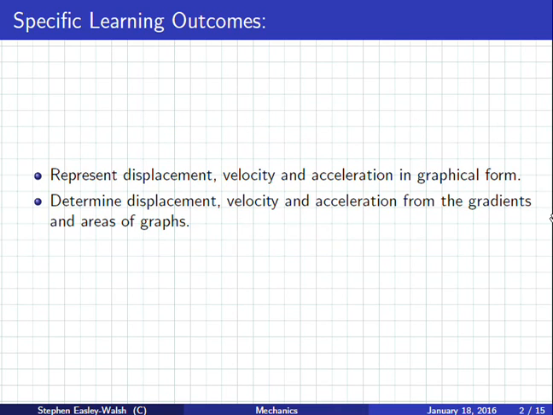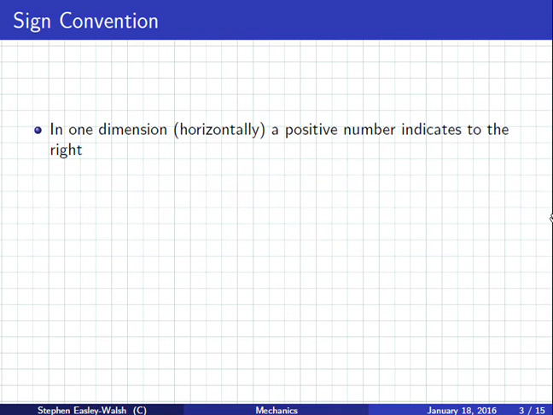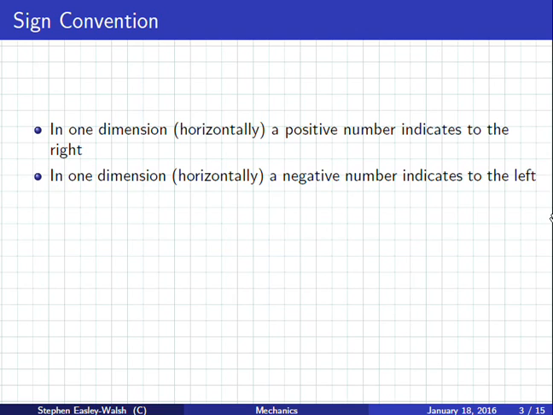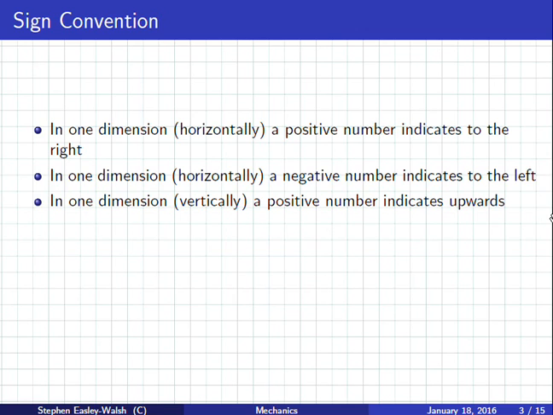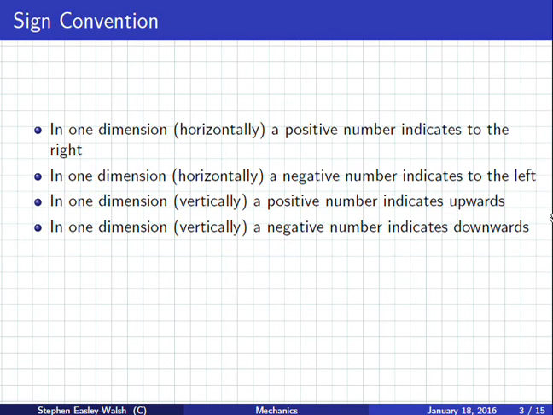Okay, so just some things to take care of with signs. When we're talking about moving horizontally, we use positive to mean to the right, and of course negative to mean to the left. And when we're talking about vertically, we use positive to go up, and we use negative to go down.